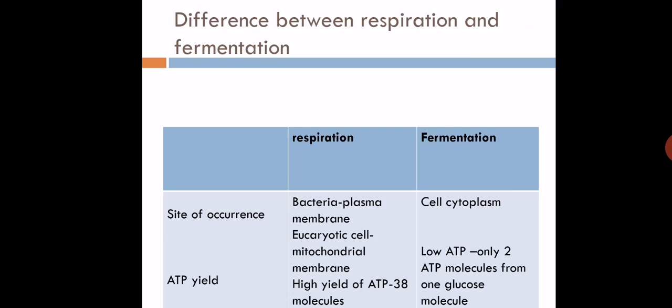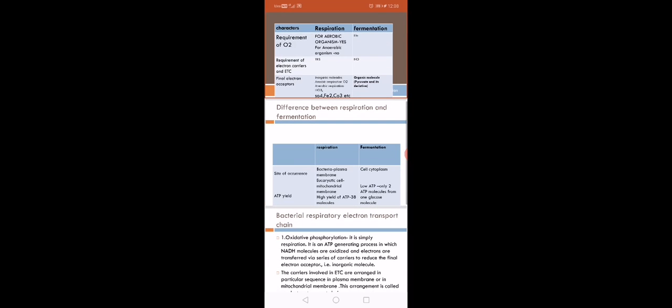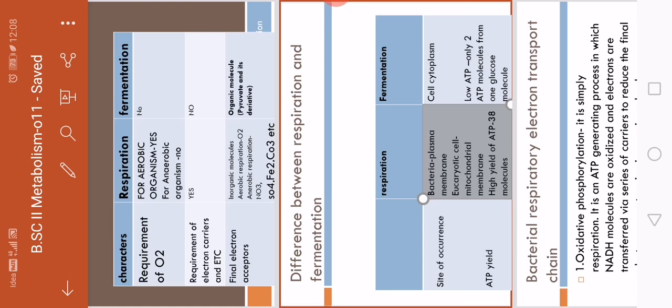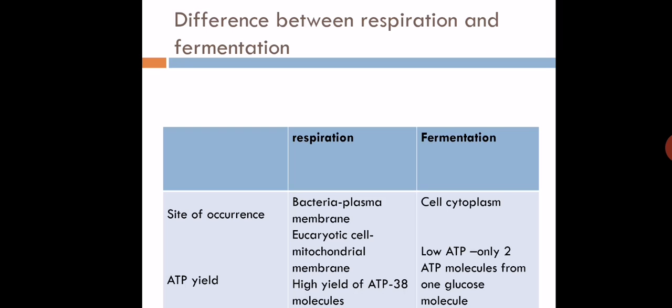Then, the site of occurrence, that is, where the respiration process occurs. In case of bacteria, being prokaryotic cells, there is no presence of mitochondria.